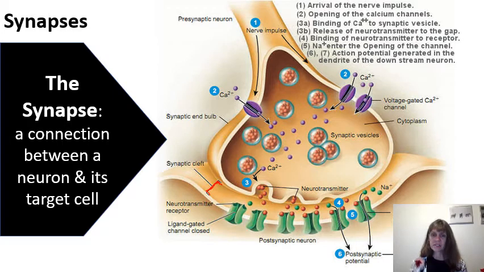When an action potential, which is an electrical impulse or nerve impulse, travels down the length of an axon, the change in voltage will cause calcium voltage-gated protein channels to open up, allowing calcium to enter into the synaptic end bulb.